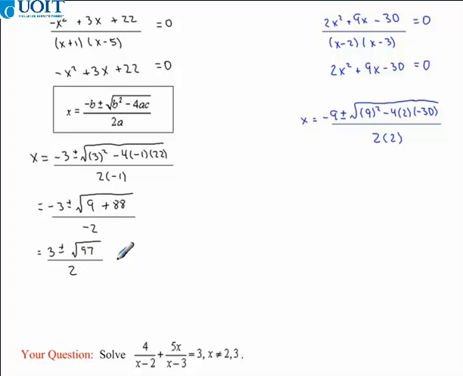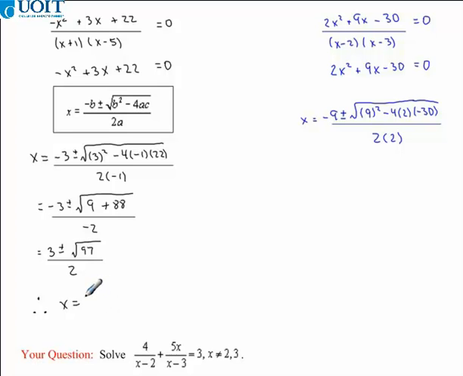So the last thing we need to do now is that we need to write out our 2 possible values for x. So I'm going to write a therefore statement. Therefore, we have that x can equal, the first case we're going to consider is when we add the square root 97. So I'm just going to divide this into 2 fractions.